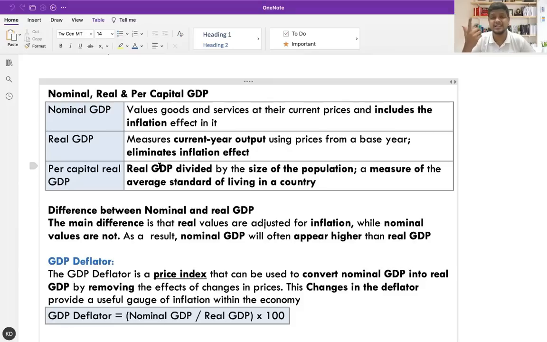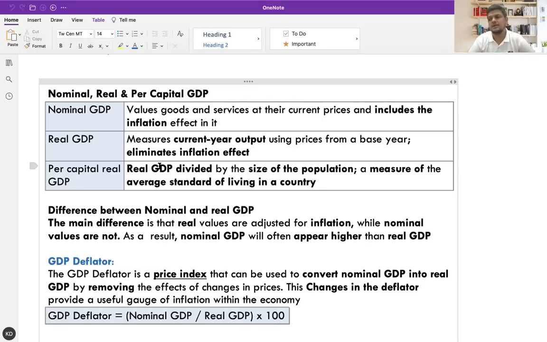Now next year, even if I produce the same things, of course, the amount will not be the same. It won't be $10 for each, correct? Some of the goods' value will increase due to high demand or any supply constraint.